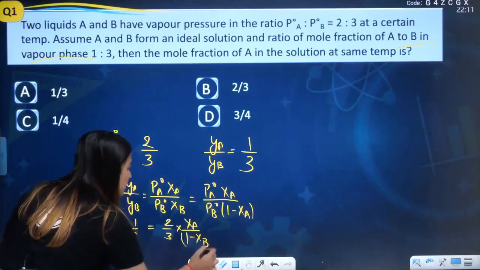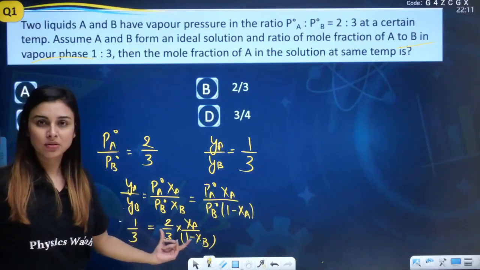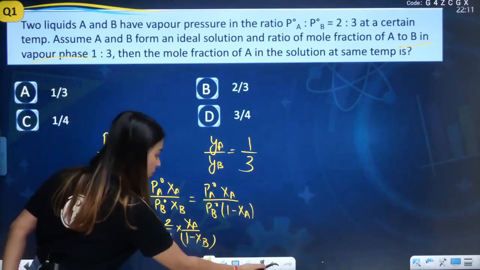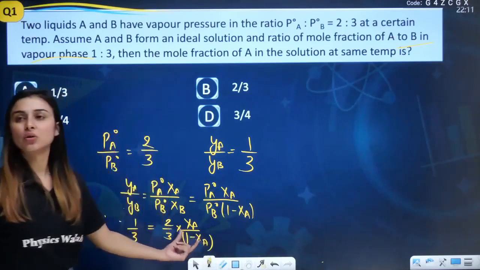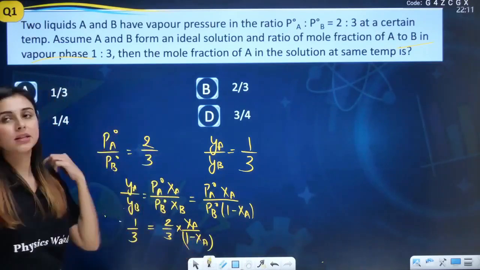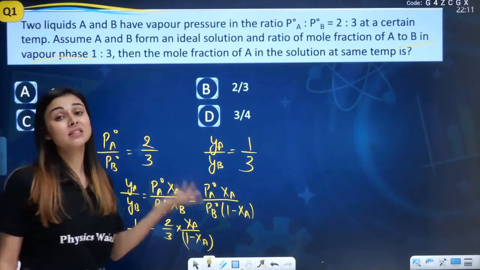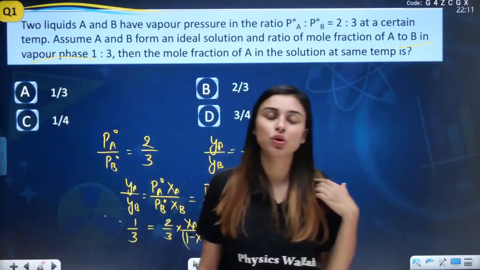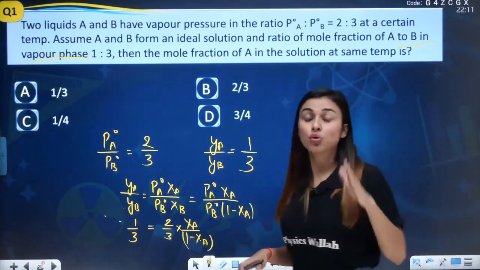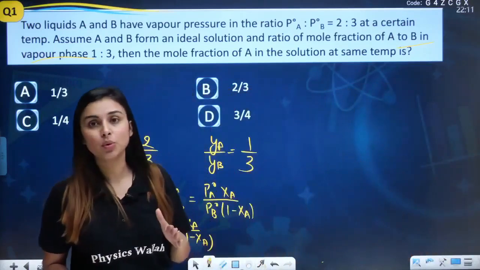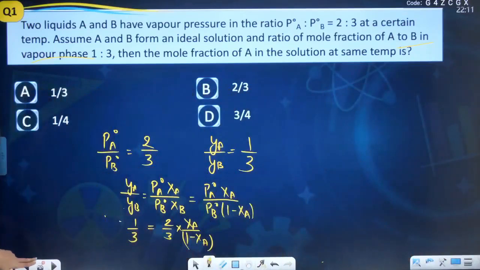So my dear students, you have just one equation to solve and only one unknown, XA. You can calculate the value of XA from here and take the answer. This is how you are going to solve these types of questions. Very easy questions if you're thorough with the concept. I hope you're clear with this.